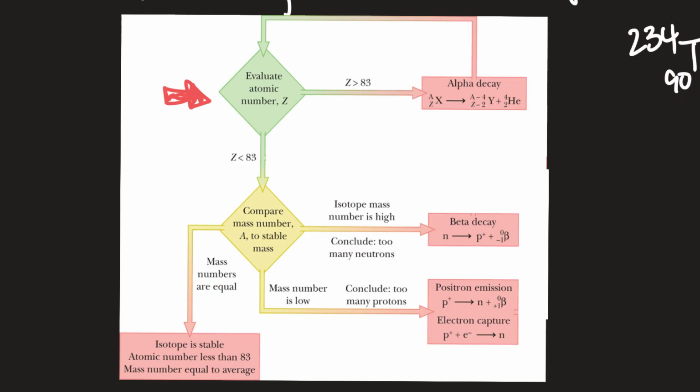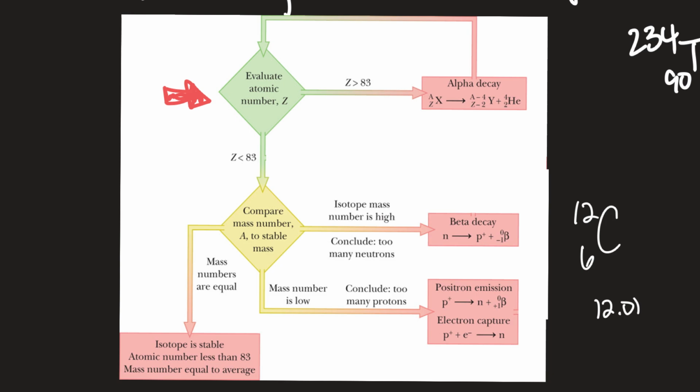For example, let's say we're talking about carbon-12 (6). You are comparing the mass number A with what we find on the periodic table for carbon. If you look at its atomic weight, we find that it is 12.01.